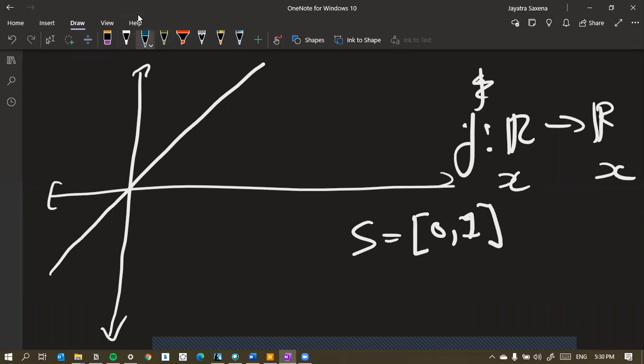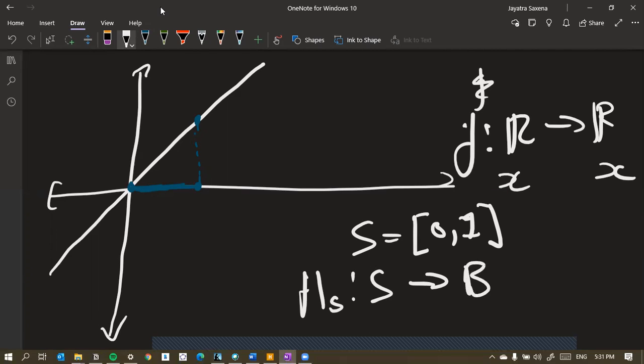So let me draw it over here. This is our subset. And now we're considering the f restricted to S function. I will denote it in blue over here. F restricted to S goes from S to B, where B is the real numbers.